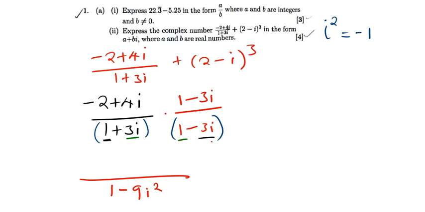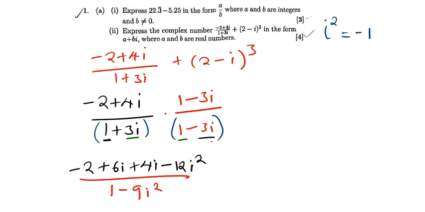For the numerator, we can multiply everything. Negative 2 multiplied by this part: we're going to have negative 2 and then positive 6i, because negative 2 multiplied by negative 3 will give us a positive. And then 4i multiplied by the 1 will also be 4i. 4i times negative 3i is going to be minus 12i squared.